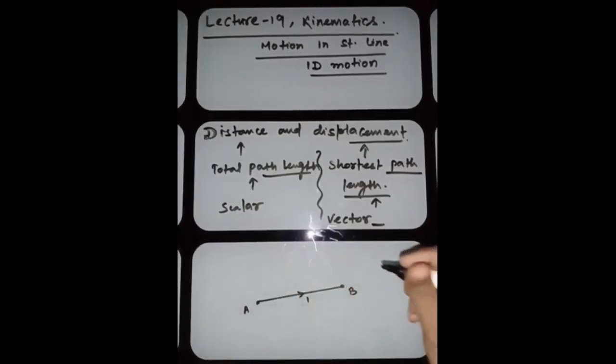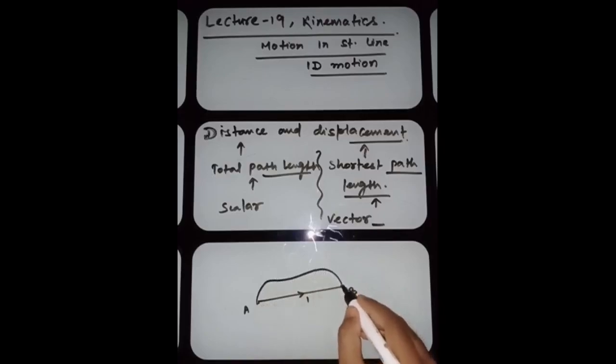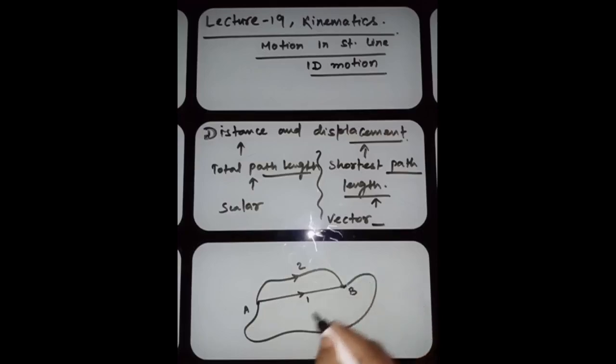Another path he chose to move from A to B is this one, path 2, and another path is this one, path 3. I have given the arrow to represent that the particle is moving in this direction, using this path.